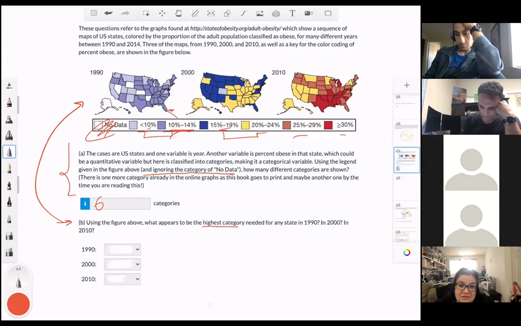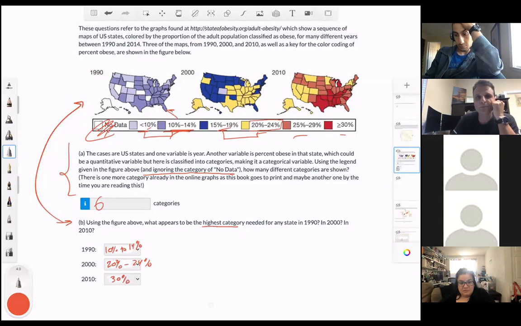14%. 10% to 14%. In 2000 is 20% to 24%, and more than 30%.